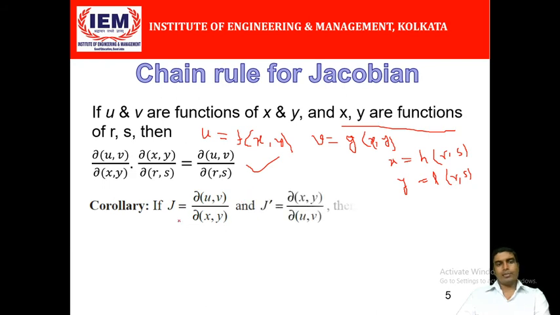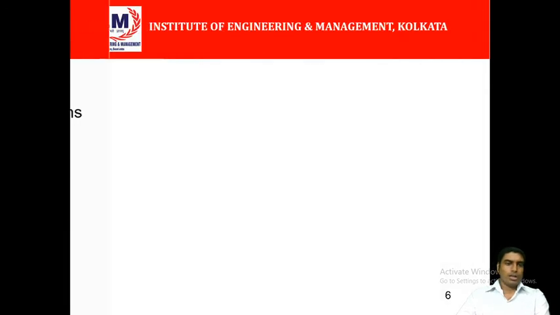Suppose we find the Jacobian ∂(u,v)/∂(x,y) and the Jacobian of the opposite, ∂(x,y)/∂(u,v), then the product of these will be 1, because if you put all these things here, they cancel out and the value will be 1. So this is one of the corollaries.